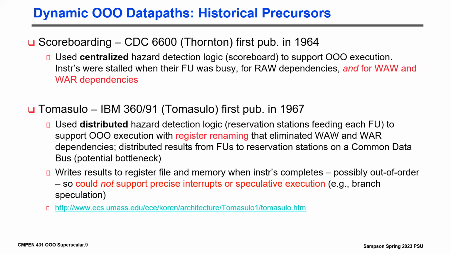And this is where register renaming was first implemented in hardware. So good news, we got rid of write after write, we got rid of write after read with this register renaming. We got some distributed execution across our different functional units, and it completed things out of order.